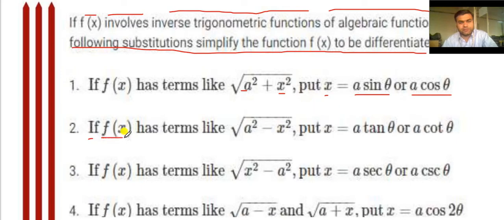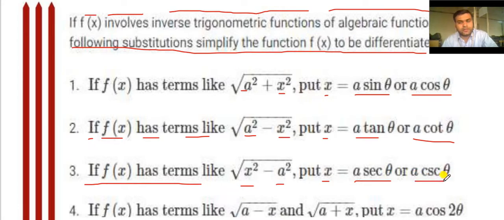If f(x) has terms like under root a square minus x square, then we put x = a sin theta or a cos theta. Condition 3, if f(x) has terms like under root x square minus a square, then we put x = a sec theta or a cosec theta.